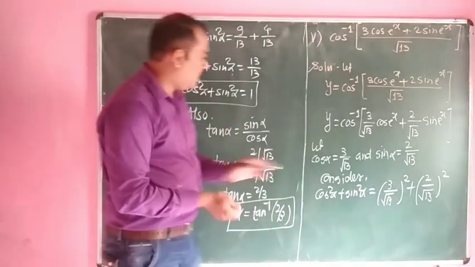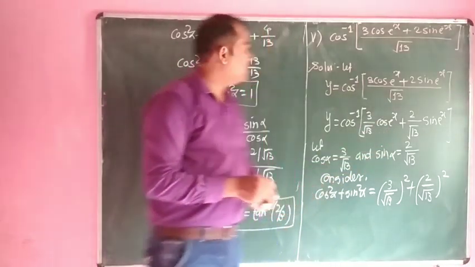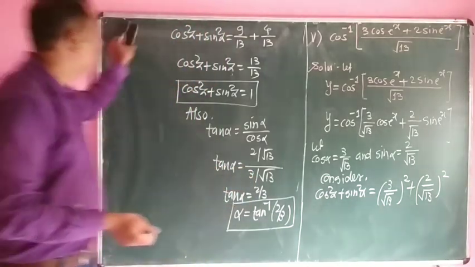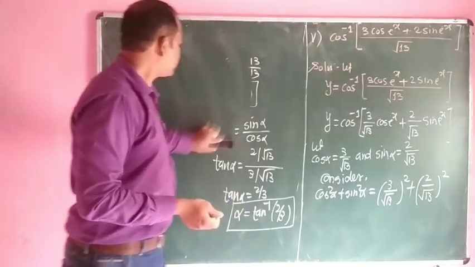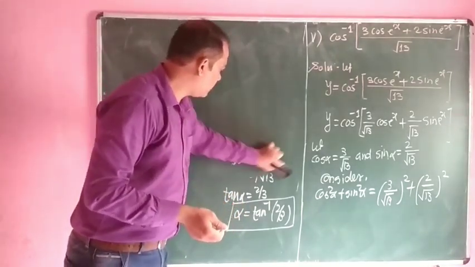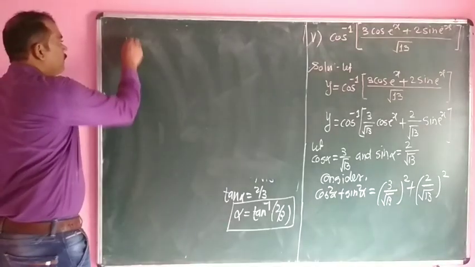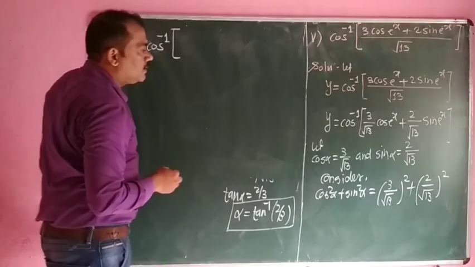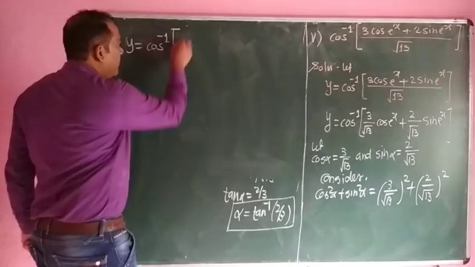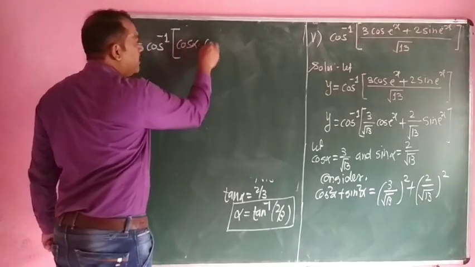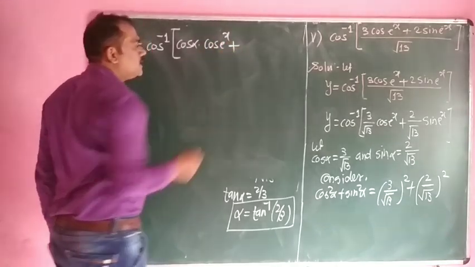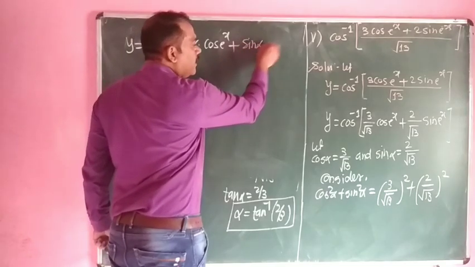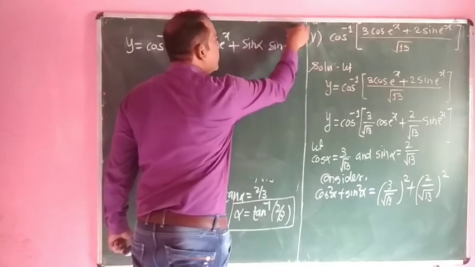We have to substitute the values of cos alpha and sin alpha here. We get y is equal to cos inverse of 3 by root 13, that is cos alpha, into cos of e raised to x, plus 2 by root 13, that is sin alpha, into sin of e raised to x.